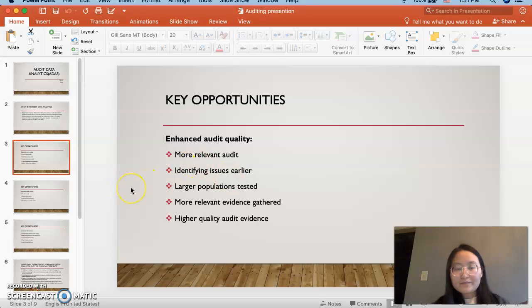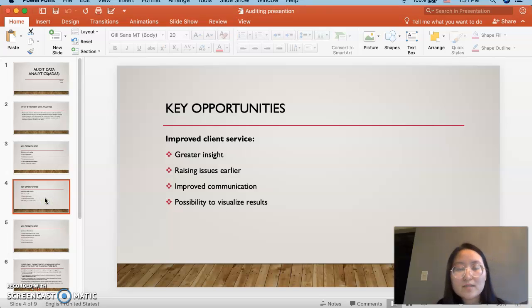Further, since audit data analytics is a very broad concept, audit evidence can be gathered through various procedures, including risk assessment, analytical procedures, substantive procedures, and control testing.